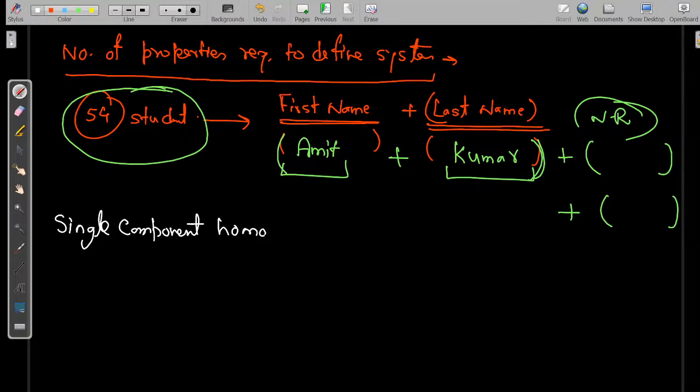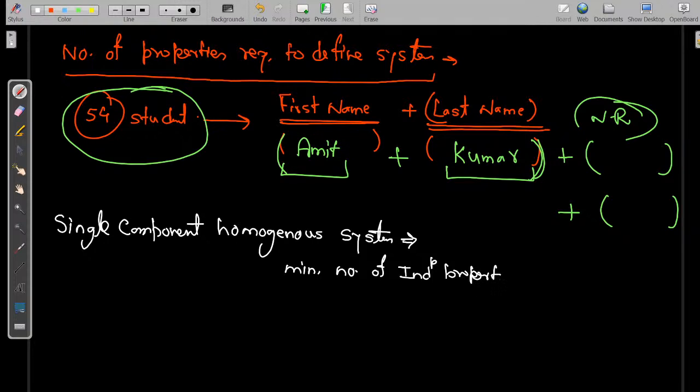homogeneous. For single component homogeneous system, the minimum number of independent properties required are n plus 2.